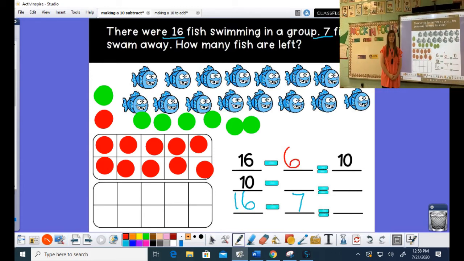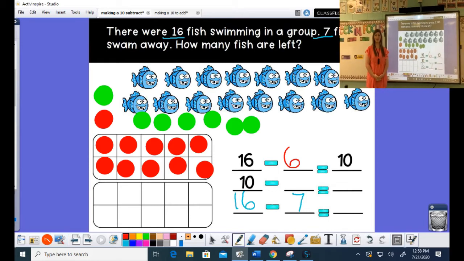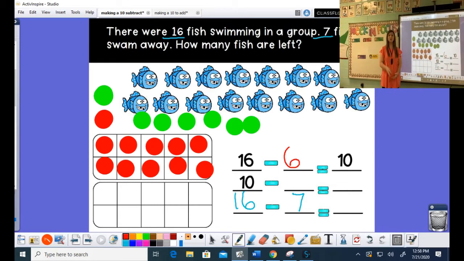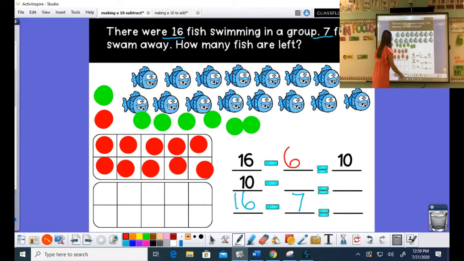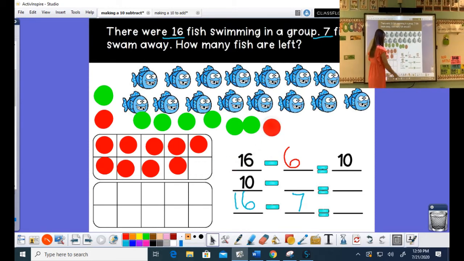Now that I've made my group of 10, I need to continue subtracting, right? Because we're not subtracting 6. We're subtracting 7. So I'm going to continue to slowly take away counters until I get to 7. We've already taken away 6, so I'm going to count on until I get to 7. 7.